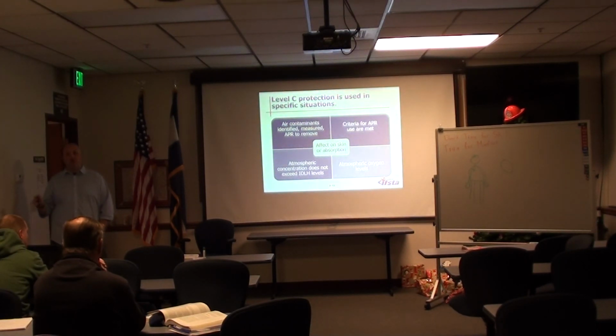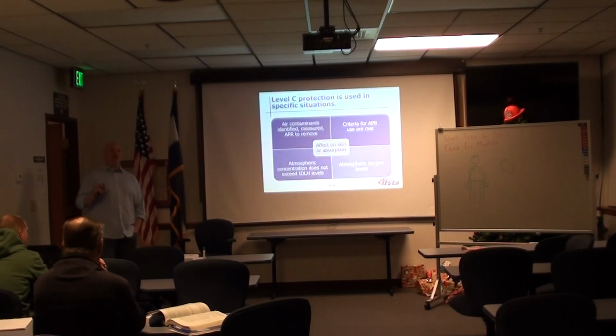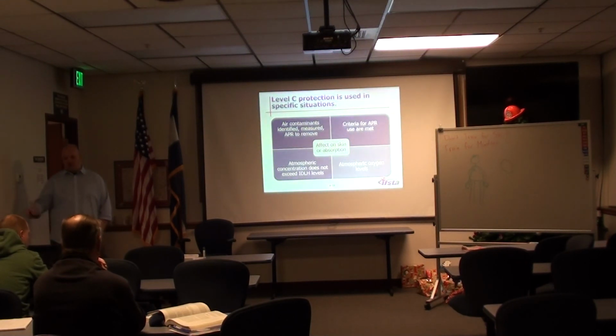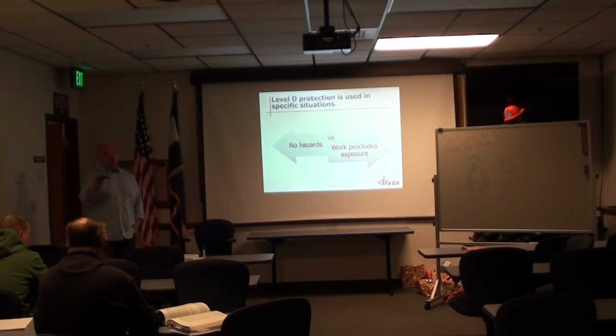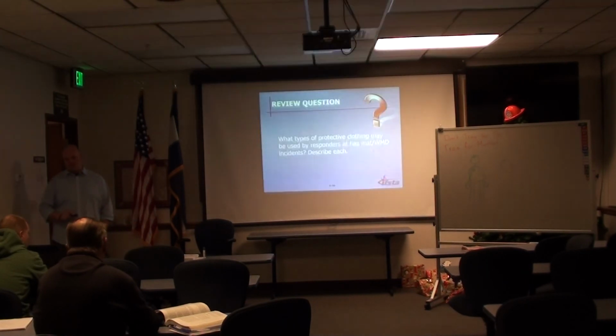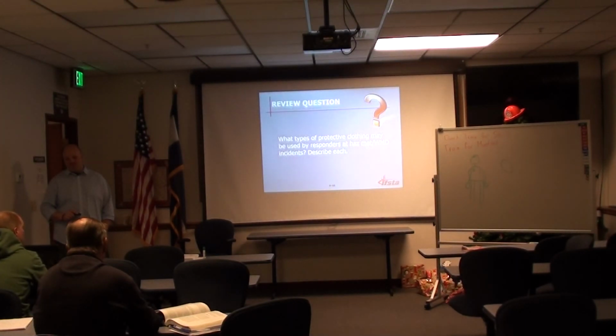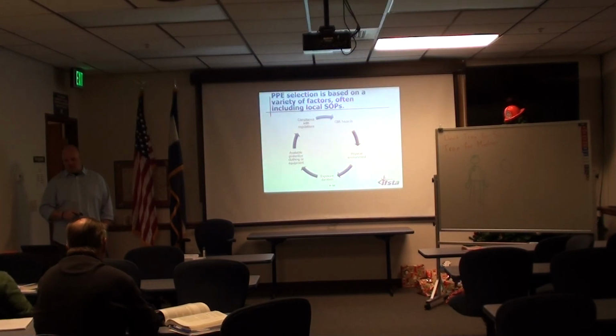The respiratory component is different, so you have an APR or a powered APR in level C. We've talked about the criteria for APR and all that. Level D is essentially your work uniform. It says no hazards, but we talked about using bunker gear falls into level D, and we talked about using bunker gear in specific situations for life safety. We'll talk through that as we go through this.